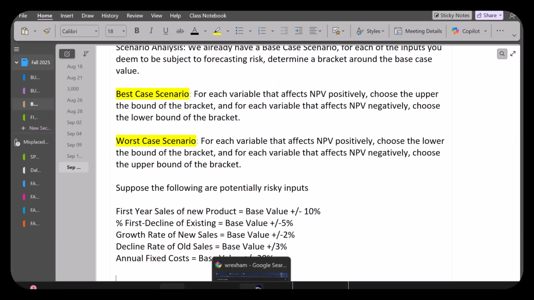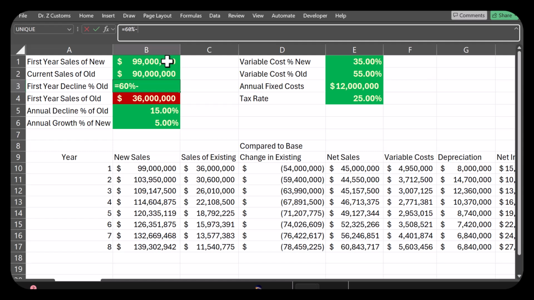Now, for the best case scenario, I knew I added to the old sales. How about this? First year decline percentage of the old. Does NPV go up if I reduce that number or increase that number?